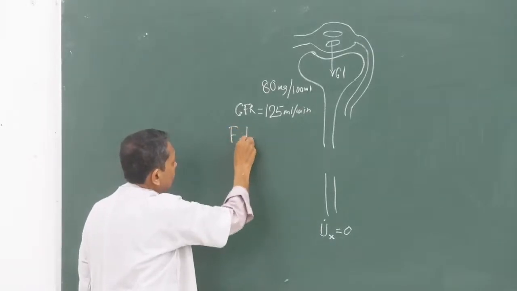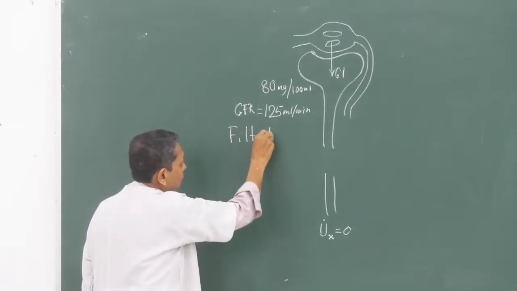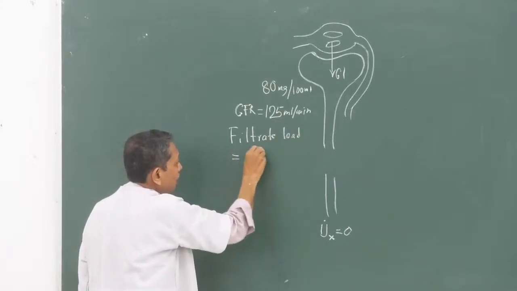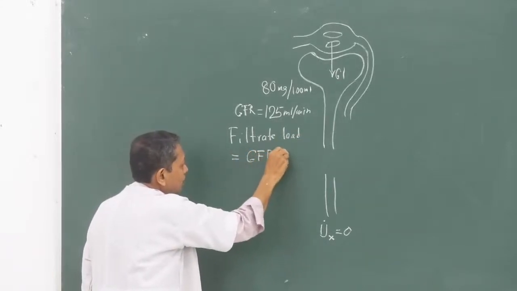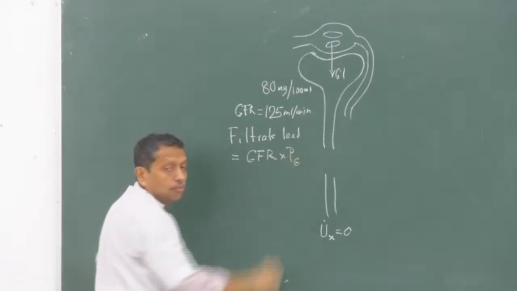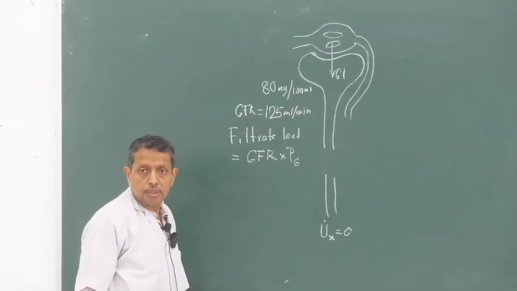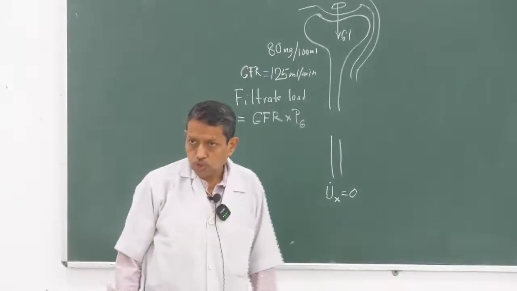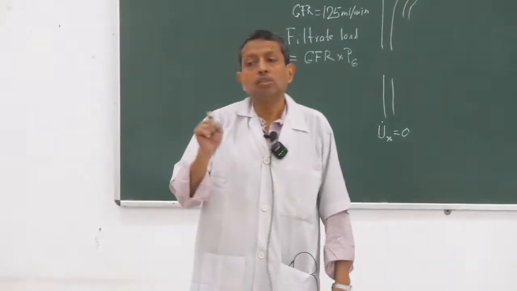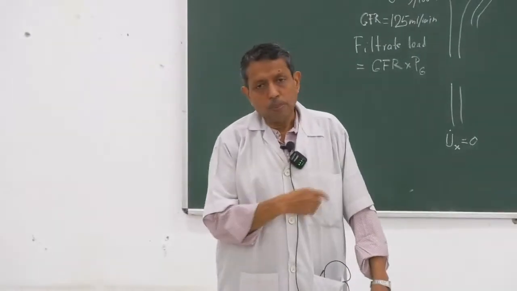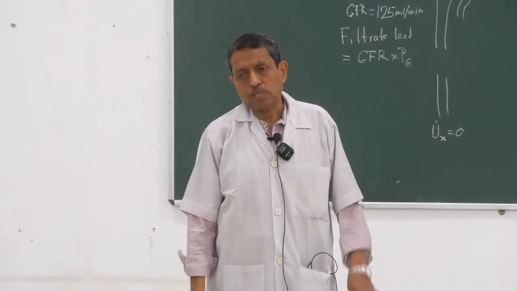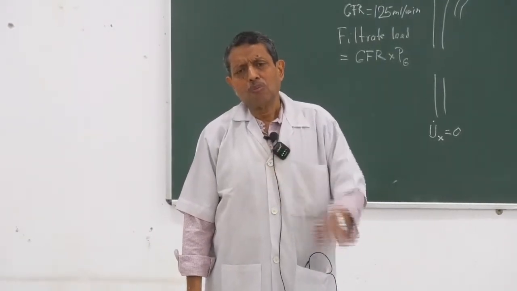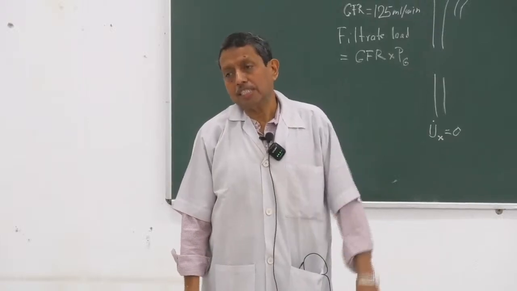Filtered load is equal to GFR into plasma glucose. You can consider it better, it is renal arterial plasma glucose, because glucose is utilized by the cells. So in the peripheral venous plasma, it is to some extent low, but you think that they are used interchangeably.